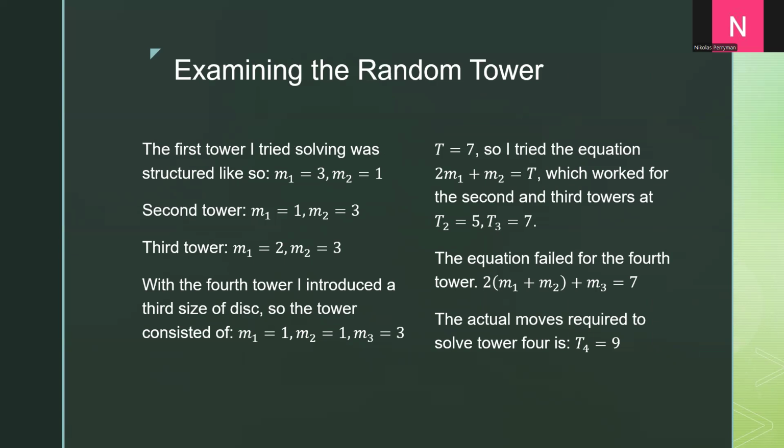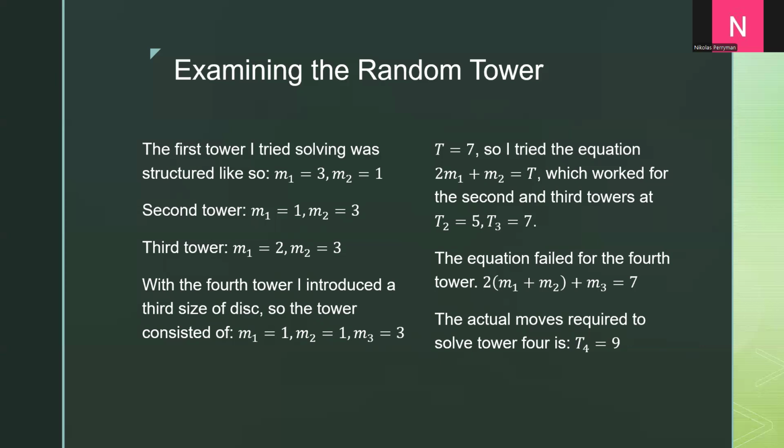So, the first one I did, the smaller disk, there were 3 of those, and the second disk, there was only 1 of those. And that took 7 moves to solve. So I set up an equation that did fit. And so that was 2 m sub 1 plus m sub 2 equals t. And in this case, t was 7.